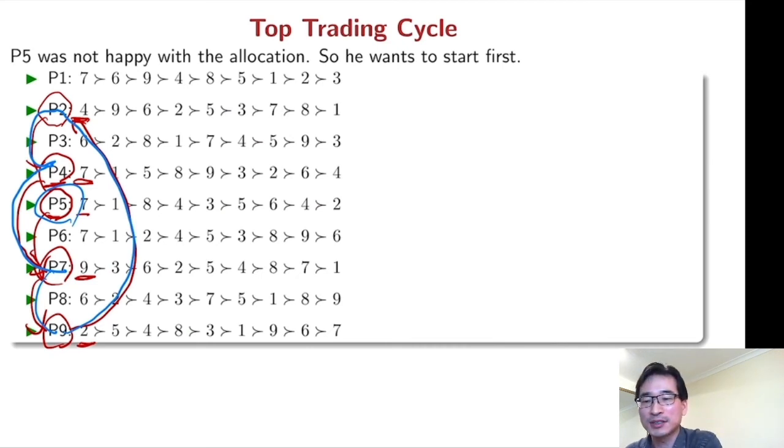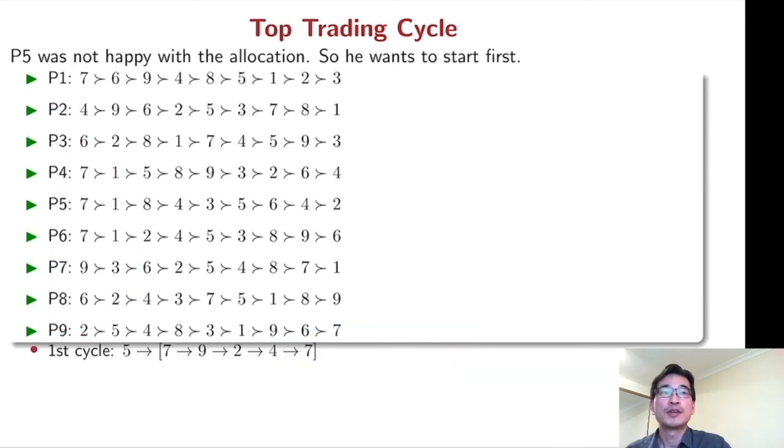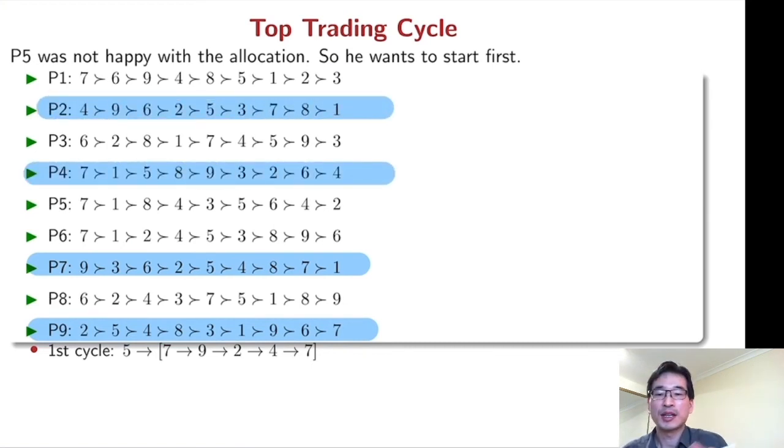And the cycle 7, 9, 2, 4, 7 is exactly the same cycle we found in the previous algorithm starting with Proposal 1. So we can find another cycle after 7, 9, 2, 4 leaving.